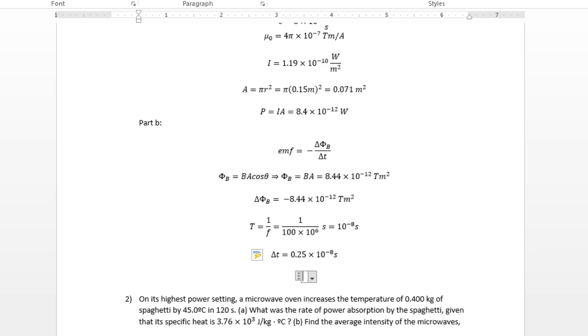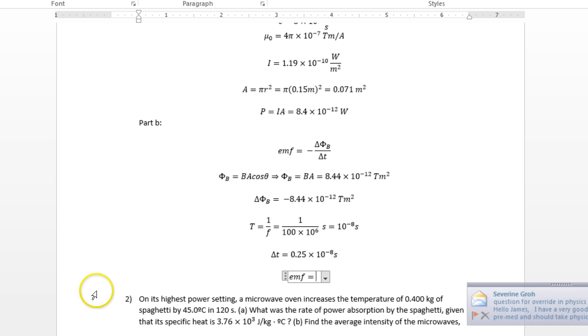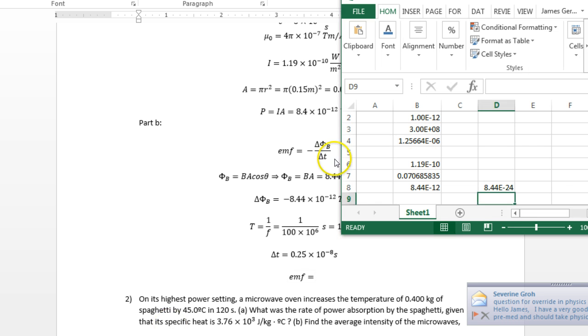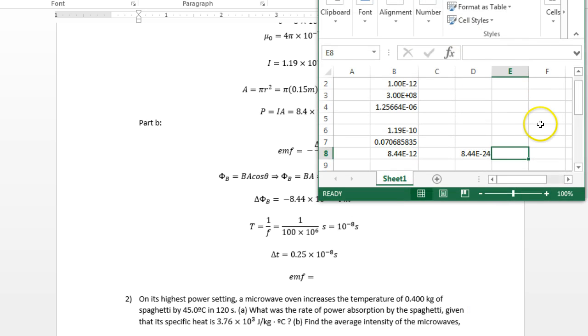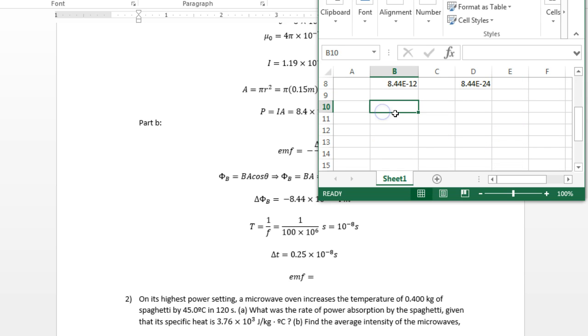All right, putting it all together, EMF is minus delta phi B over delta T. So delta phi B is minus 8.44, so it's going to be plus that. Let's take a look. We have 8.44 times 10 to the minus 12th and we have 0.25 times 10 to the minus 8th. Right?